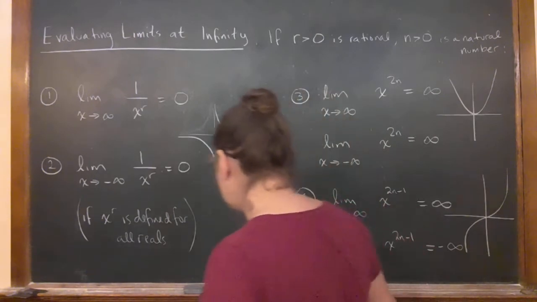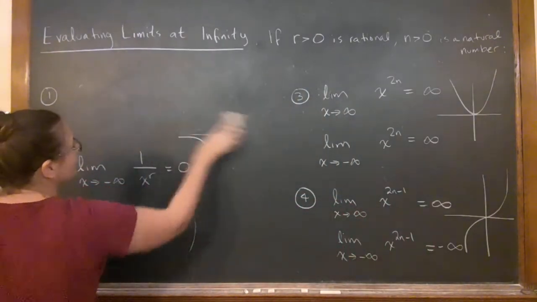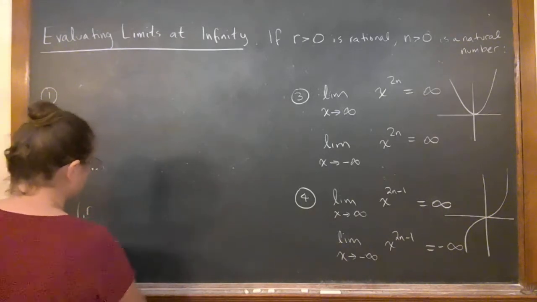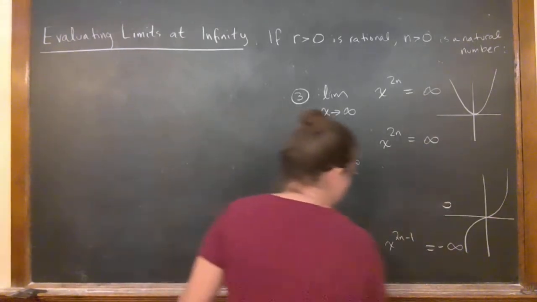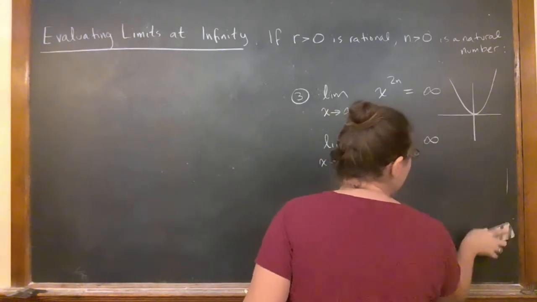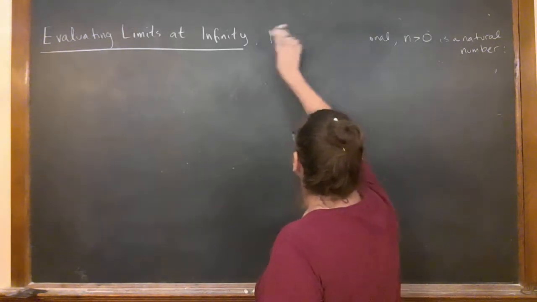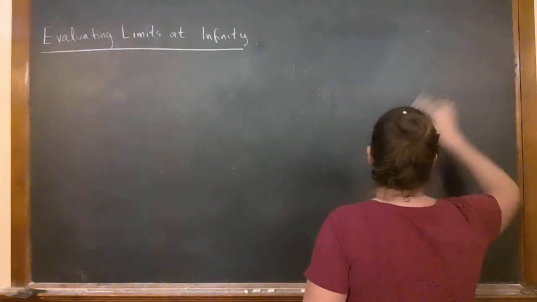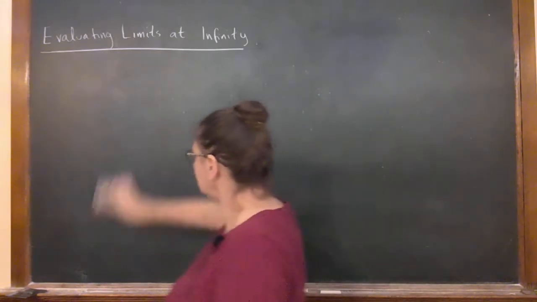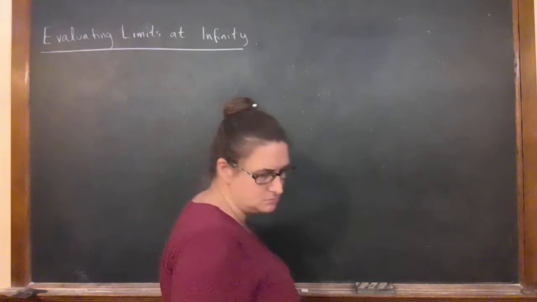So let's take a look at an example of a rational function and what's going to happen as I go out to infinity. So probably in pre-calc, you talked about asymptotes and you learned the rules for how to figure those out, right?